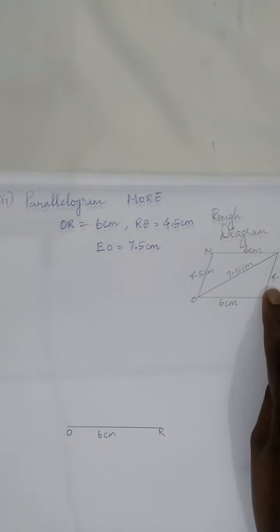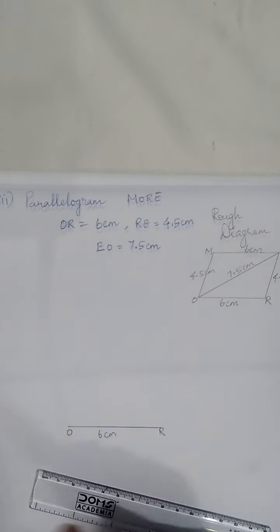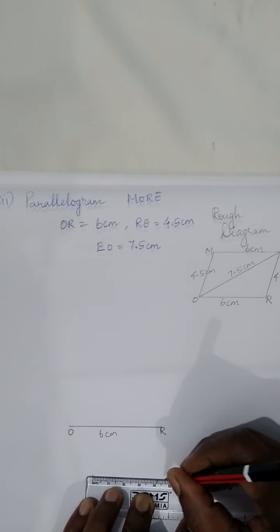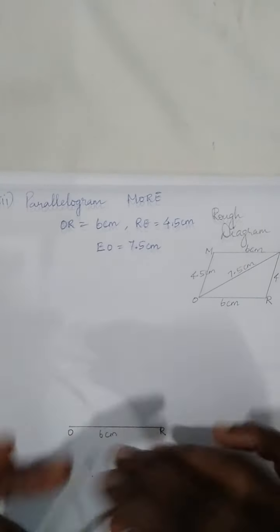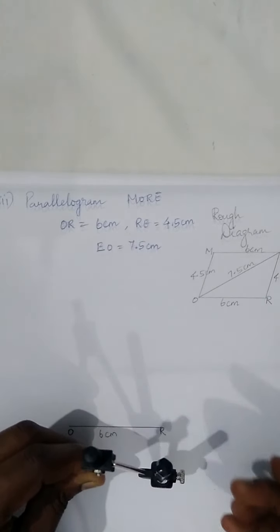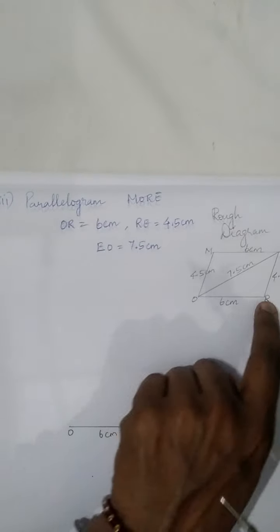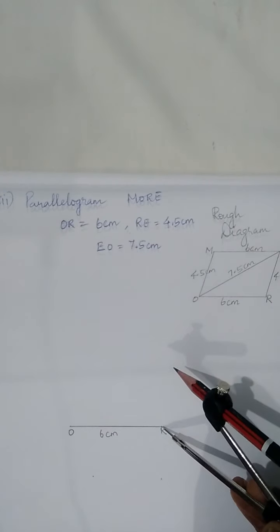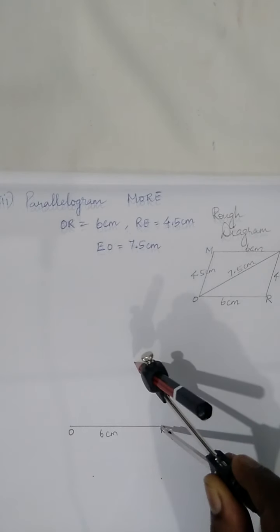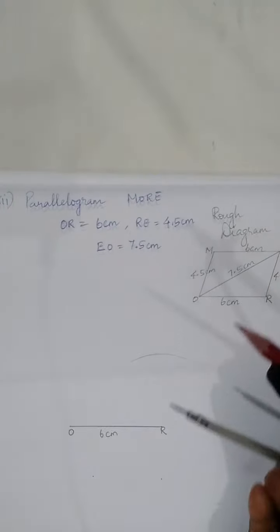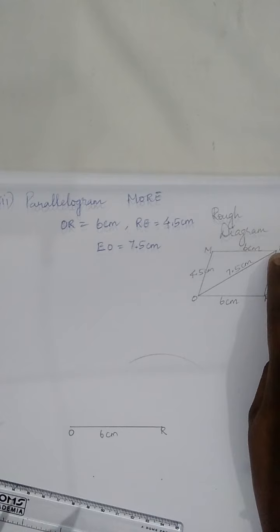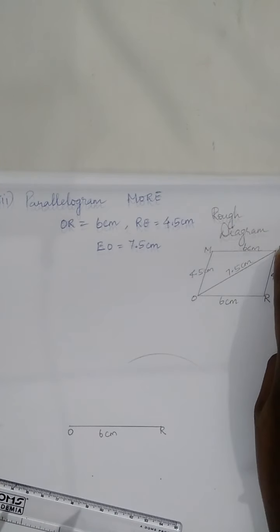So now let's take 4.5 centimeter using scale and compass. So from R only, because RE only. So on R you keep the pointer of the compass and make an arc. This is 4.5.